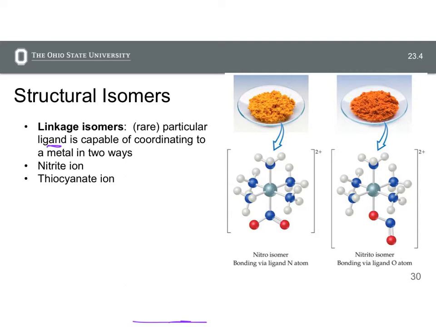A couple of examples are the nitrite ion. I'm not going to draw Lewis dot structures, but it looks like this, nitrite. And then thiocyanate. I think we saw this last time. It has a carbon-nitrogen triple bond and a carbon-sulfur single bond.